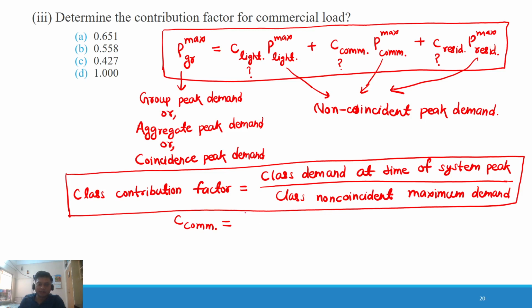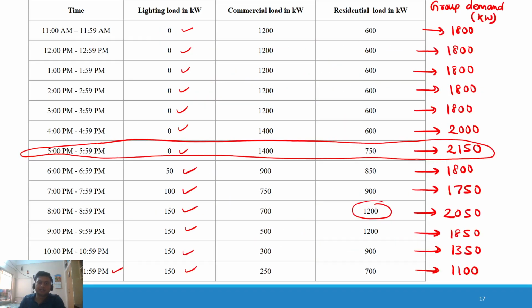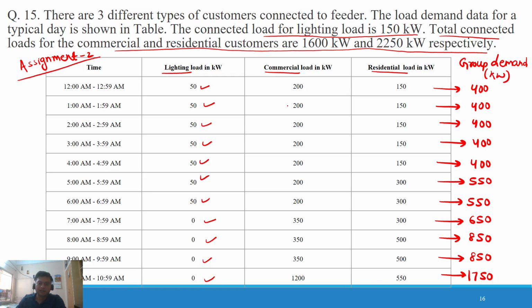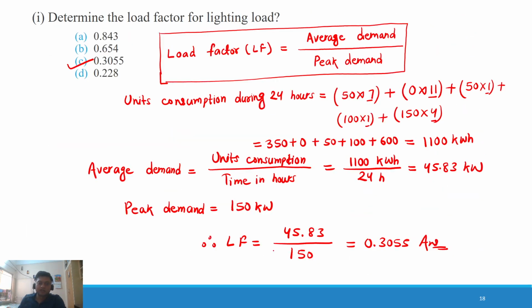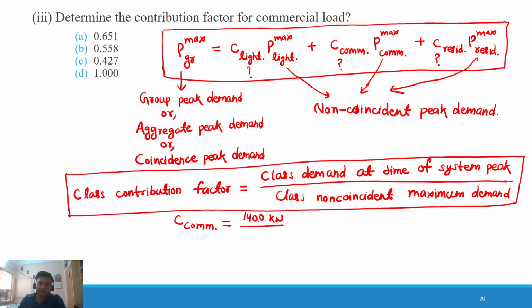So it will be 1400 kilowatt divided by the class non-coincidence maximum demand. That means for the commercial load, what is the peak demand? The maximum demand is 1400 only, so it is the same. So 1400 kilowatt over 1400 kilowatt will give you 1.0.